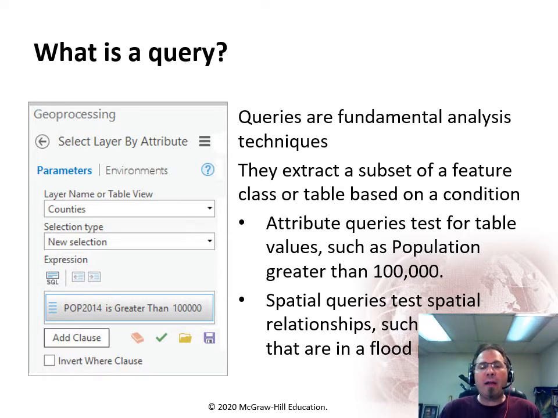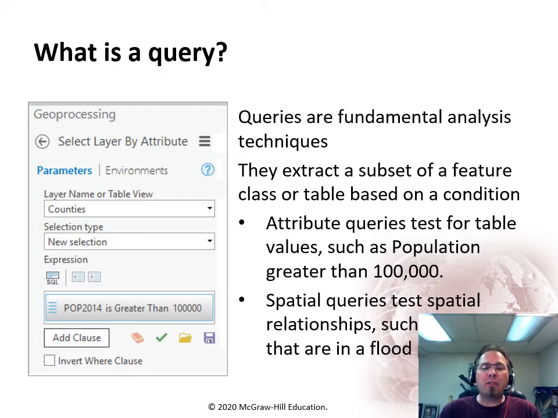You also have spatial queries that test spatial relationships, such as give me all of the parcels that lie within a floodplain. Again, that might be for insurance purposes. So we're going to discuss both types of queries in depth here, both an attribute query where you're asking the table a question and getting back a selected set of records.